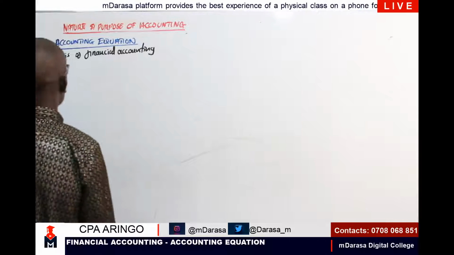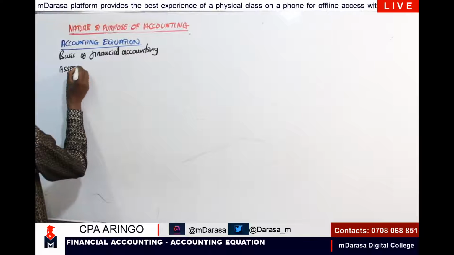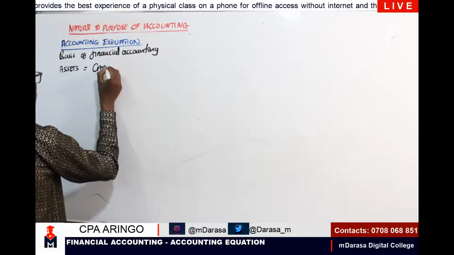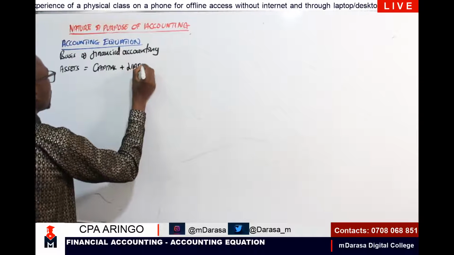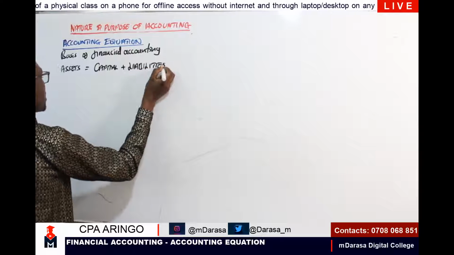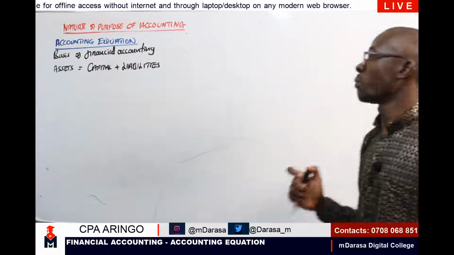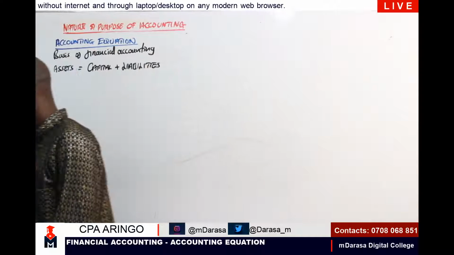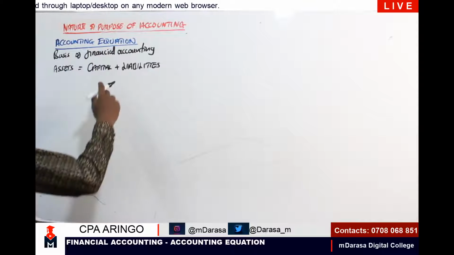The accounting equation states that assets will always be equal to capital plus liabilities. Assets equal capital plus liabilities. This is what we normally term as the accounting equation.